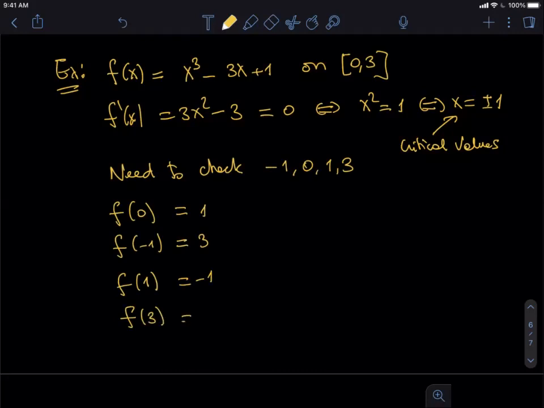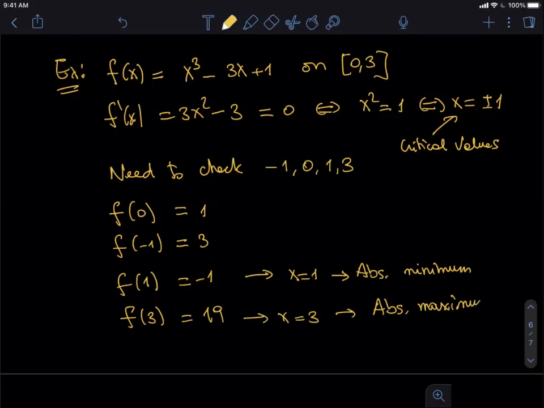And f of 3 is 19. So clearly x equals 1 is the absolute minimum, and x equals 3 is the absolute maximum.